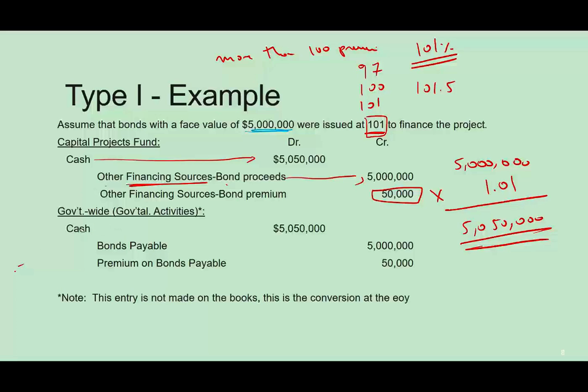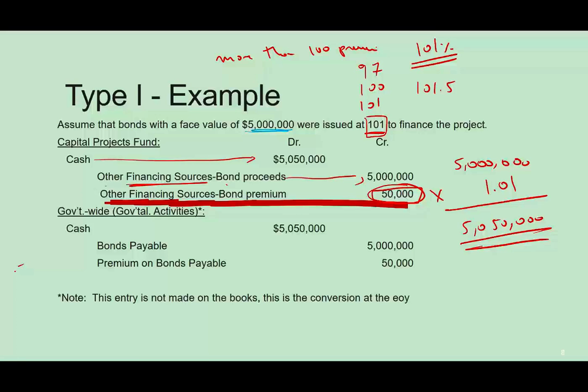Now, most governments, because this premium was extra, will transfer it. They will get it out of the capital project fund, because this was basically extra money.